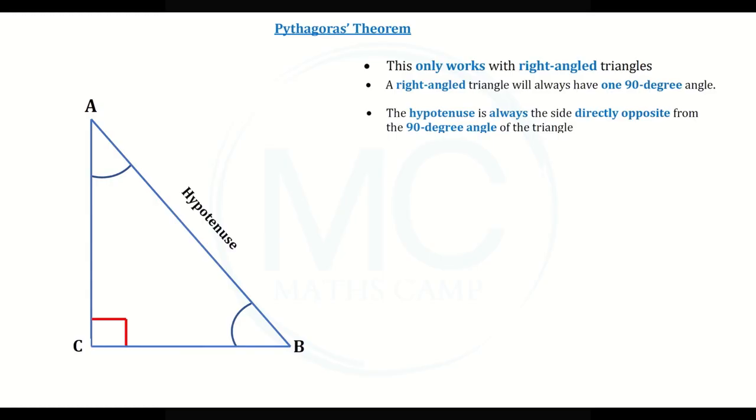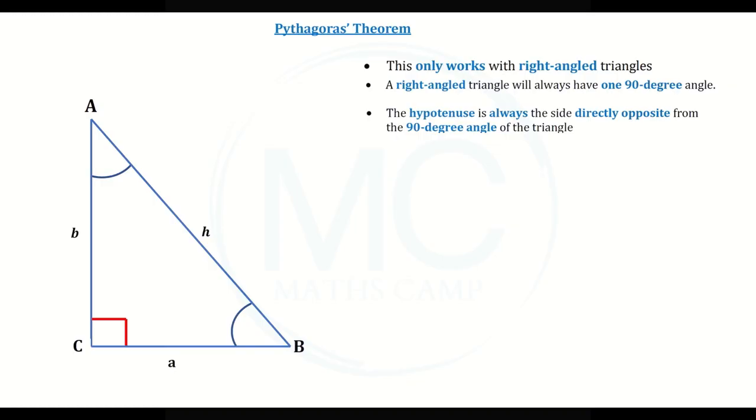We can name the side directly opposite vertex A as lowercase a, and the side directly opposite vertex B as lowercase b. We know the side directly opposite from the 90-degree angle is the hypotenuse, but you don't have to write hypotenuse on your diagram. To make it easier, we simply write h.